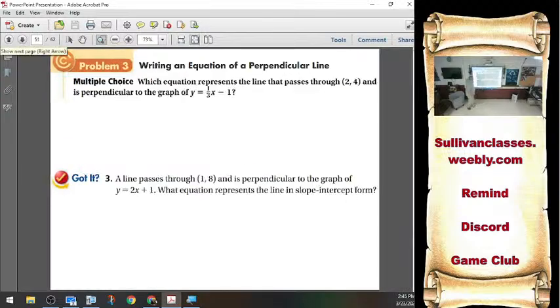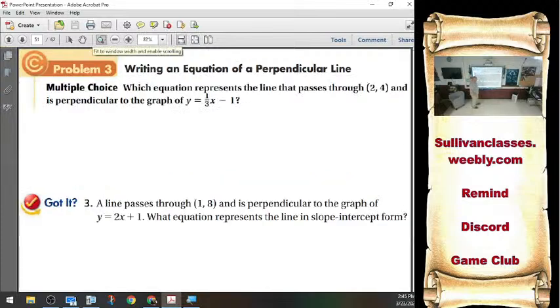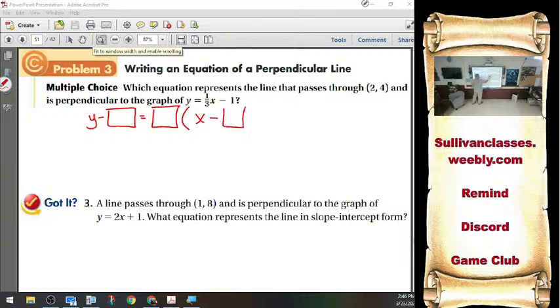Okay, so they're going to flip the script on us now and say, find the equation of a line that's perpendicular to a thing. So you do it the same way. I'm still going to say y minus y1 is m times x minus x1.